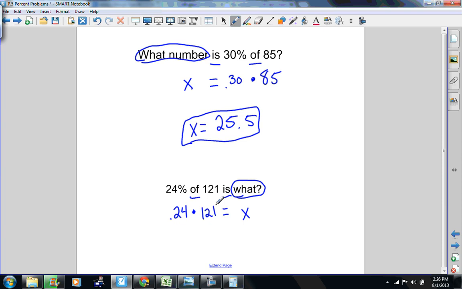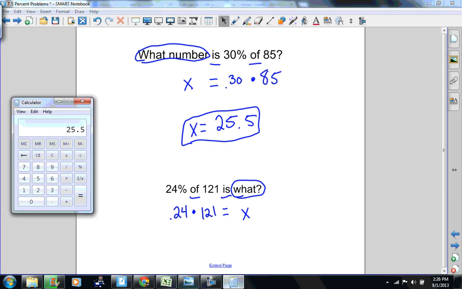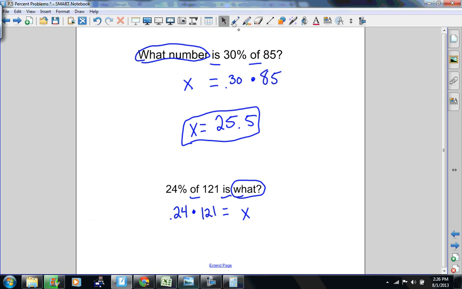And now we have the x by itself, so we just have to type it into the calculator. 0.24 times 121 gets us 29.04. And now once again, we just reread the sentence and see if it makes logical sense. 24% of 121 is 29.04. Well, 24% is about a fourth, and this number looks to be about a fourth of that one. So that makes logical sense.